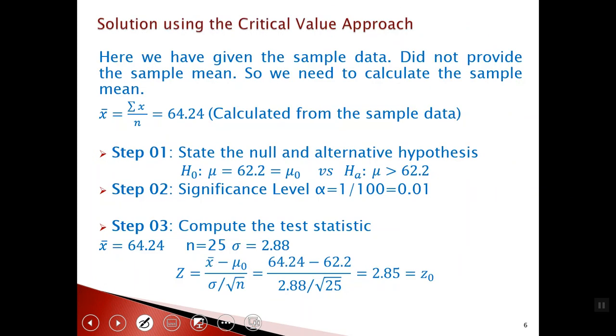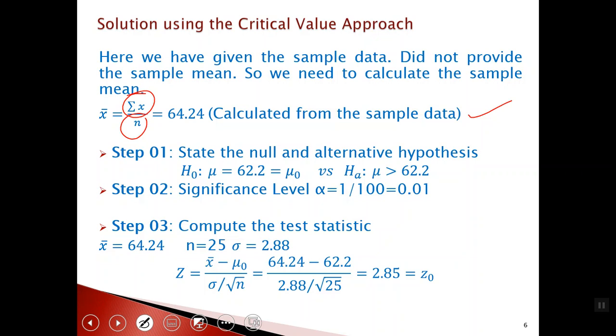Here we have been given the sample data, but they haven't mentioned the sample mean, so you have to do it by yourself. Take the summation of all the data they have given and divide by the number of data points, so you can calculate the sample mean. It is 64.24.